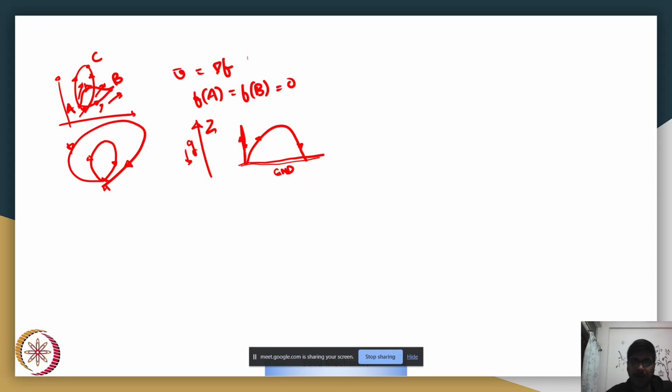But if, on the other hand, you consider air friction while throwing the ball up and down, then while going up, air friction will act downwards, and when the ball is coming down, air friction will act upwards. Therefore it will always oppose the motion, and the work done by air friction would be non-zero. So that would be an example of a non-conservative field. Friction is again non-conservative.